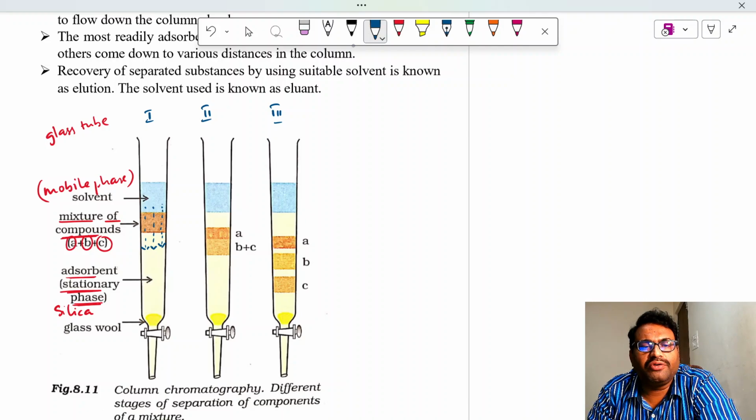When you come to the second diagram, you see A is separated and B and C are still in mixed form.